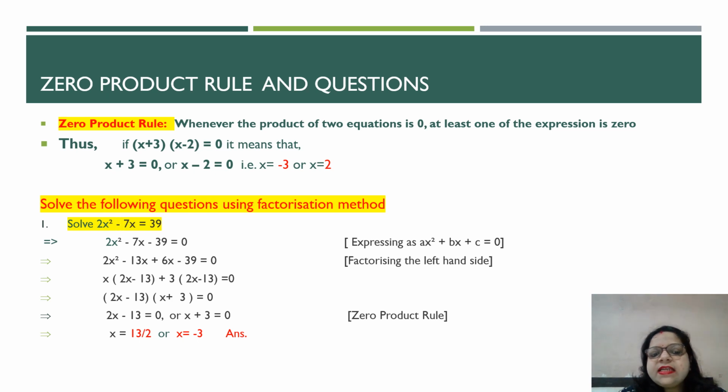Now 2x minus 13 is equal to 0, or x plus 3 is equal to 0. Therefore x is equal to 13 by 2, or x is equal to minus 3. Okay, what we get. Okay, now coming to the next slide, children.